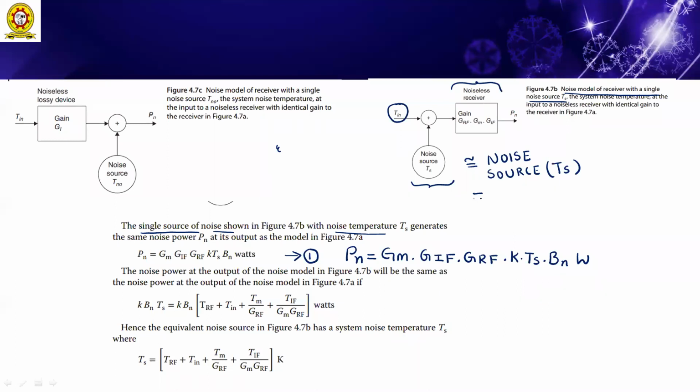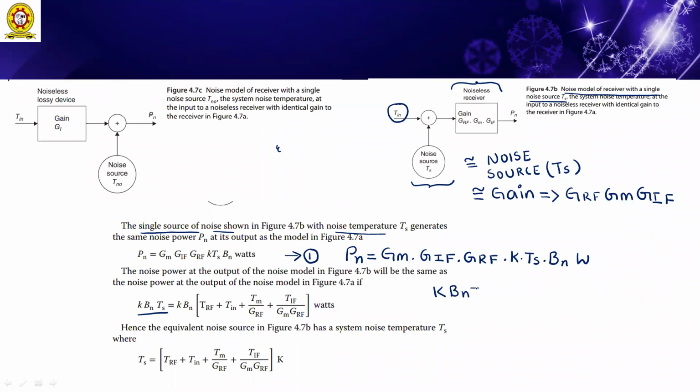For such a noiseless receiver, the gain of the system is represented as the product of all gains, that is GRF, GM and GIF. So by using this information, we are formulating the equation.